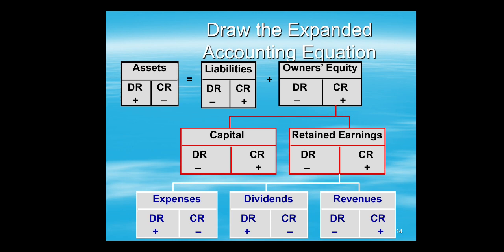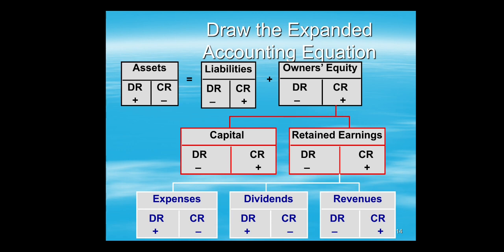If there is an increase in revenue, the business will make profit. So an increment in revenue means an increment also in the owner's equity. That's why in accounting, when you want to record the revenue, you have to credit the revenue account. Credit means the owner's equity will increase.